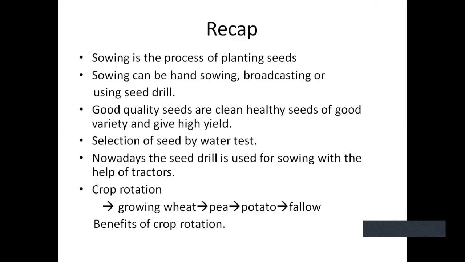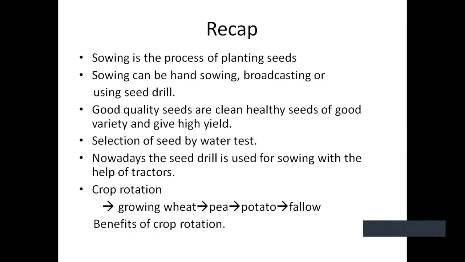What is the meaning of crop rotation? If the farmer grows the same crop in the same field for many years, whatever nutrients are present are used up by the soil, so the farmer has to do crop rotation so that he gets the nutrients back to the soil.